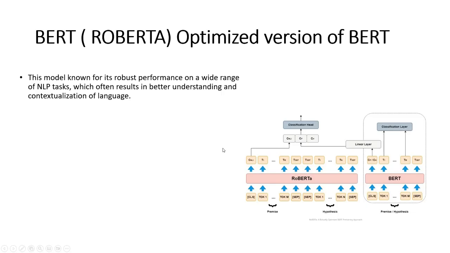The second model we use is a specific version of BERT, which is an optimized model designed to improve its performance. BERT is a pre-trained NLP model developed by Google to help computers understand human language better.